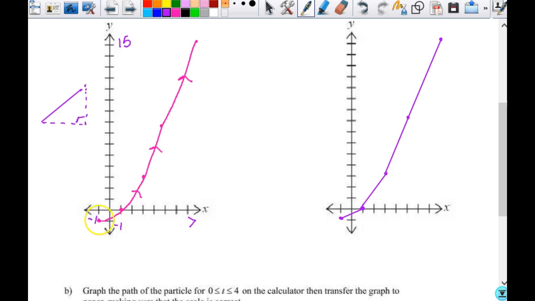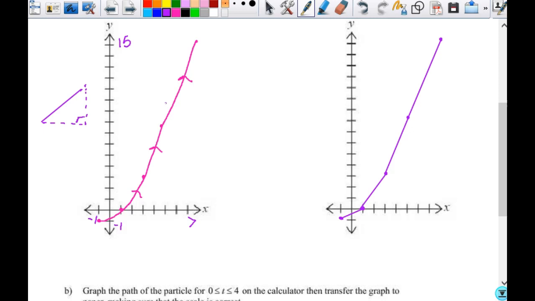Like if I just connected these two dots with a line segment instead, it's close to that curve, right? And the farther up I get and the more vertical I get, the closer and closer it actually is to that curve, right? So the best we can do right now to estimate the distance is to find those distances and add them up. What we're actually doing here is finding average rate of change.